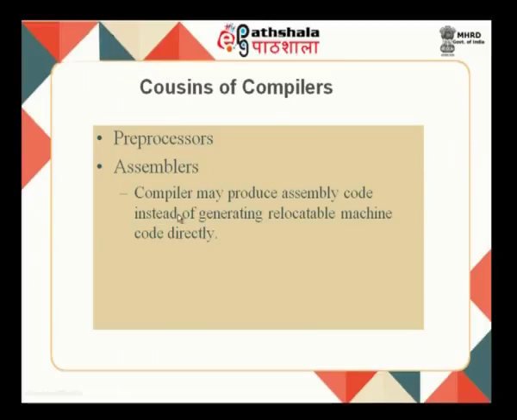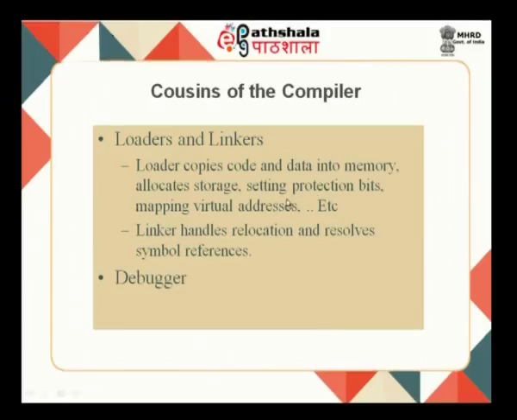The compiler generally produces assembly code, as we already know, and the assembler uses this to generate relocatable machine code. Loader copies the code into memory for execution; it allocates storage, sets protection bits, maps virtual addresses, etc., and the linker handles relocation and resolves the symbol references. Debugger is a utility used to identify and pinpoint errors in your source code.